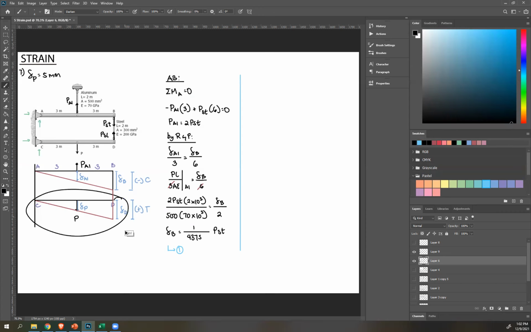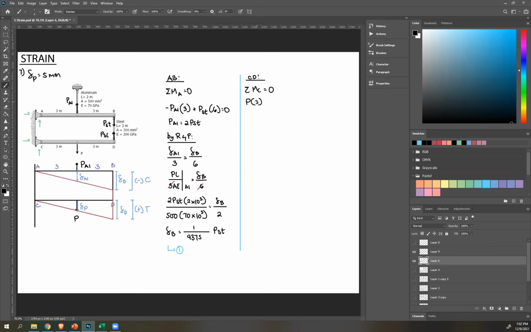the second part, your CD. So same thing, summation of moment. So here we did A, for this section we'll do C. So summation of moment at C equals 0. So P rotate about C, that's clockwise. So positive P times perpendicular distance 3.